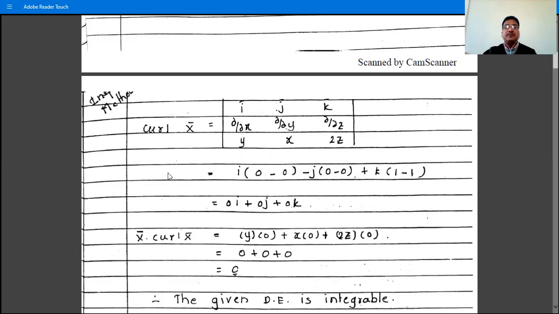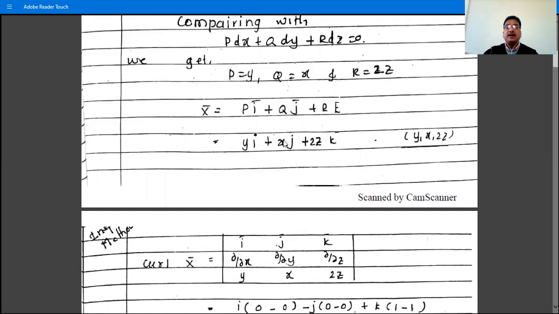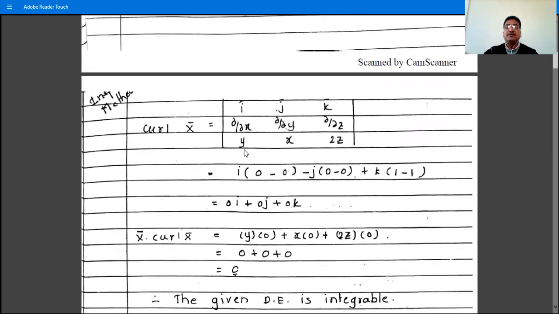The cross product of any two vectors is the determinant with i, j, k. In the second row write the coefficients of the first vector, that is del: del/del x, del/del y, del/del z. Then the coefficients of i, j, k in x bar, which is yi plus xj plus 2zk: y, x and 2z.